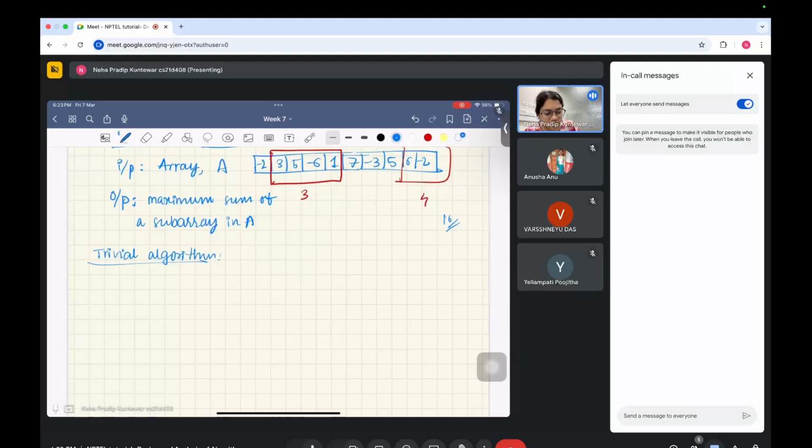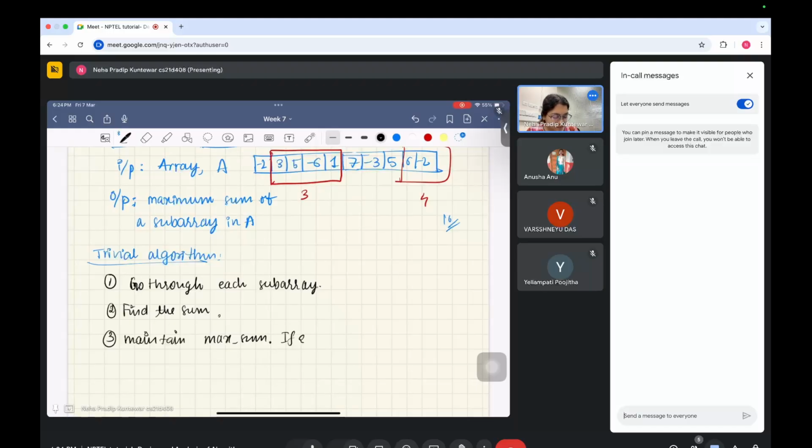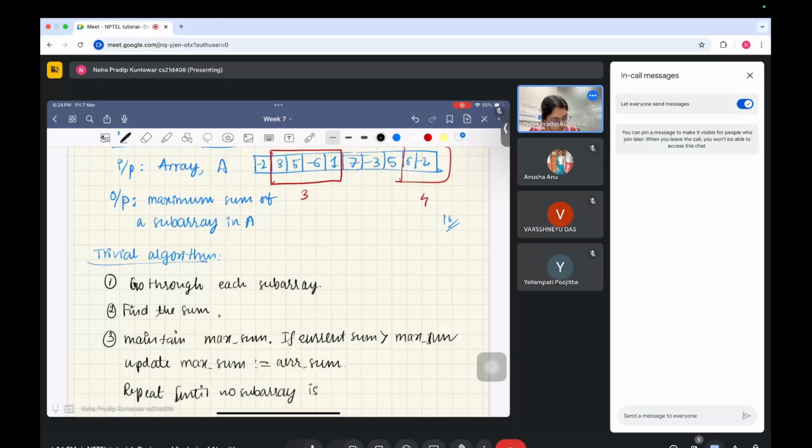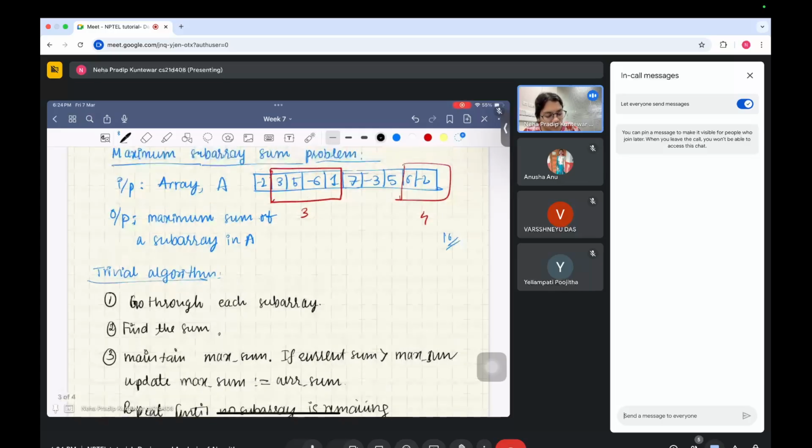So the trivial algorithm would be that you go through each subarray and find the sum of the subarray and maintain a current max sum, and if the current sum is larger than the maximum, then you update the maximum to equal the current sum, and then you simply repeat this until no subarray is remaining.